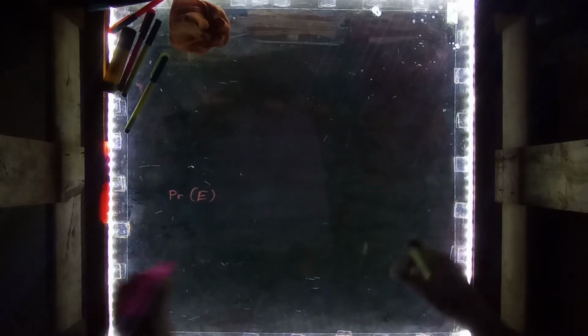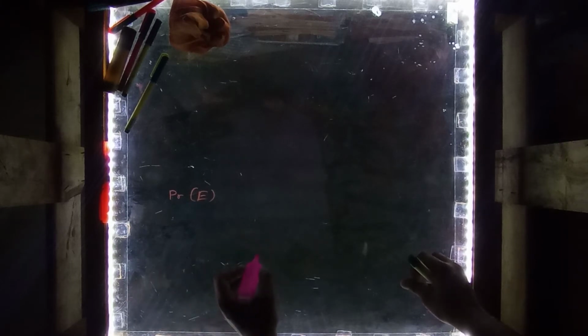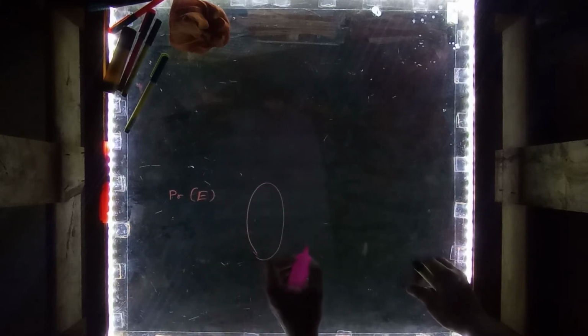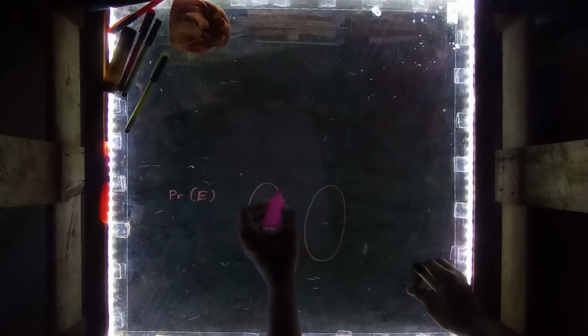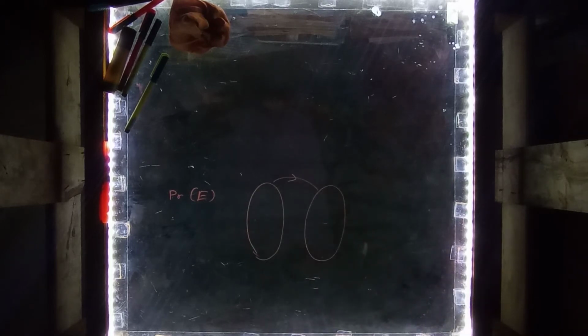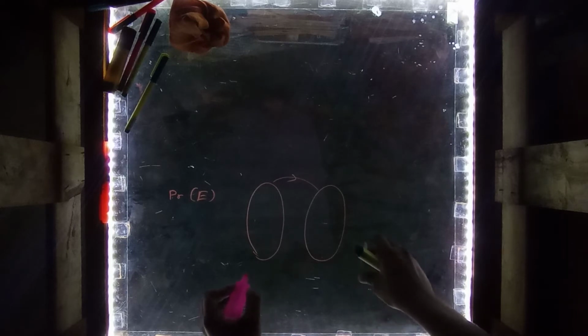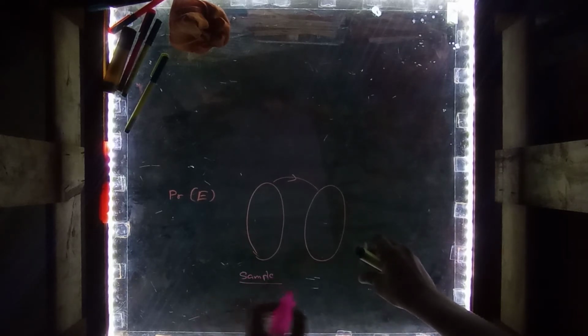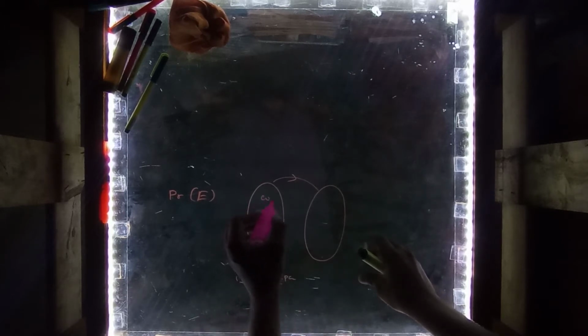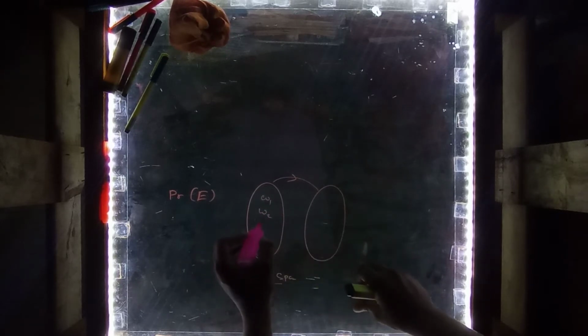So with this idea, let's see. There is a function. This is the variable. This is the sample space. The domain is the sample space. I'm going to pick omega values for the sample space.